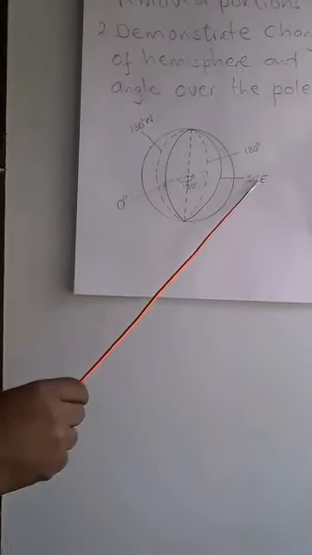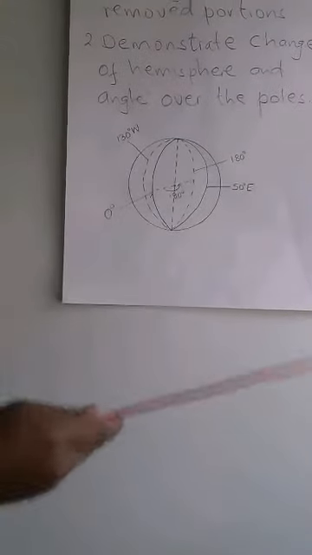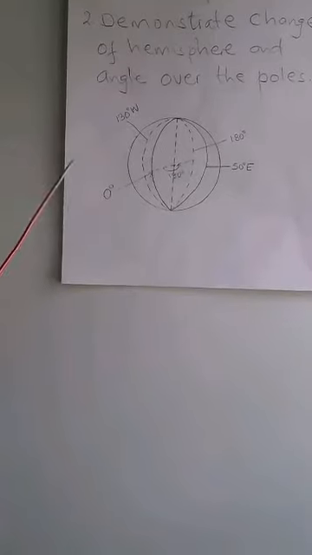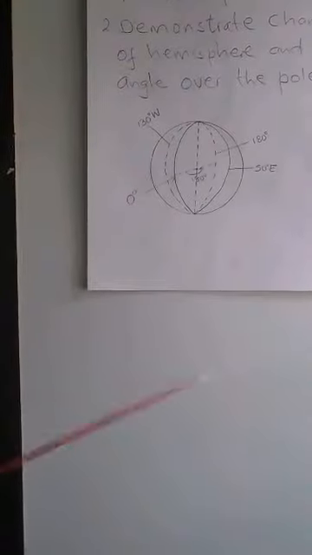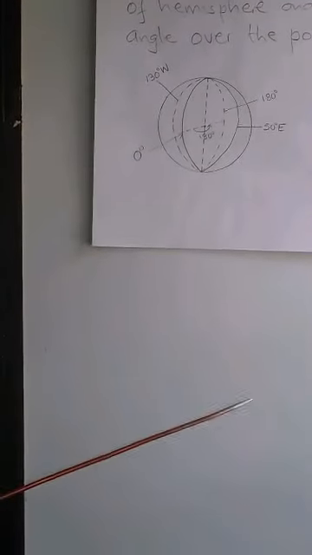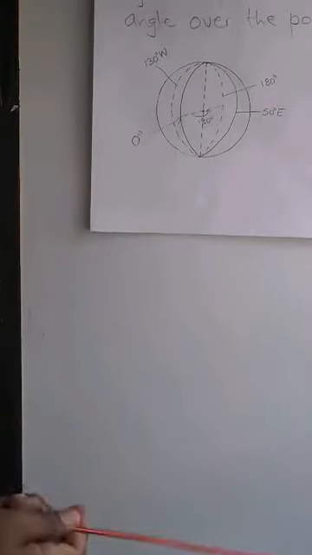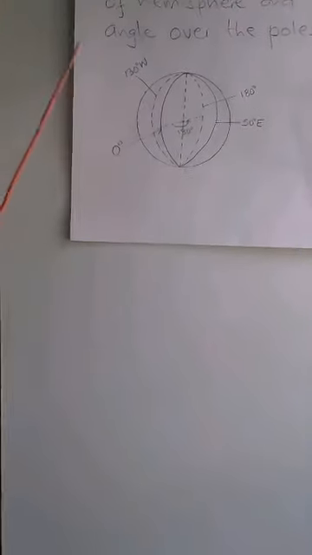Now, if this was east, this will become west. So 50 degrees east on the other side becomes 130 degrees west. So that means if I have 25 degrees east, on the other side it will become 180 minus 25 degrees, and if it was east, it becomes west.